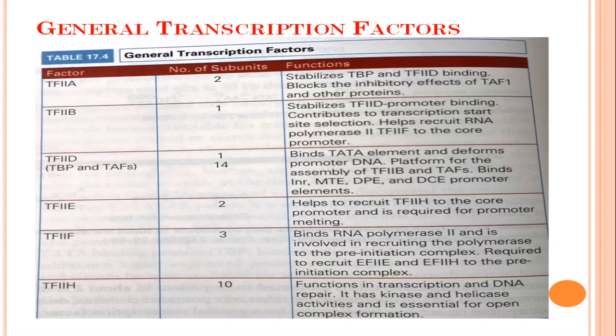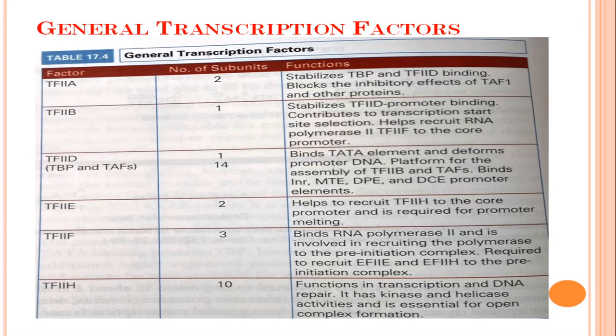And the last one is TF2H. This protein consists of 10 subunits. It has kinase as well as helicase activity. This is the main factor involved in the unwinding of the DNA molecule throughout the transcription process. It is also involved in the DNA repair mechanism.